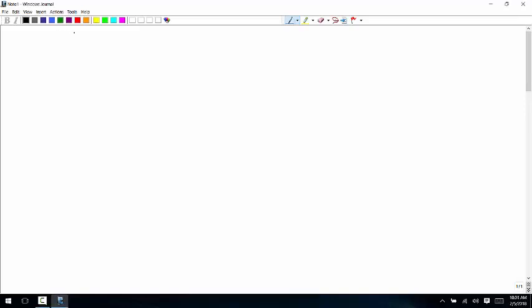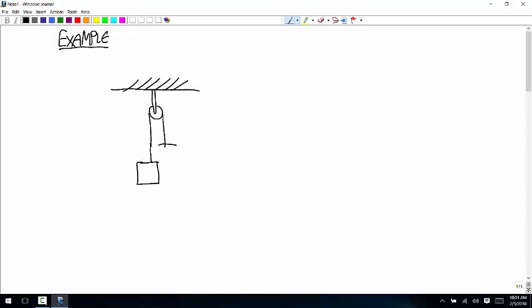So, okay, here's the first example. So we have a pulley and two masses connected to a cable.